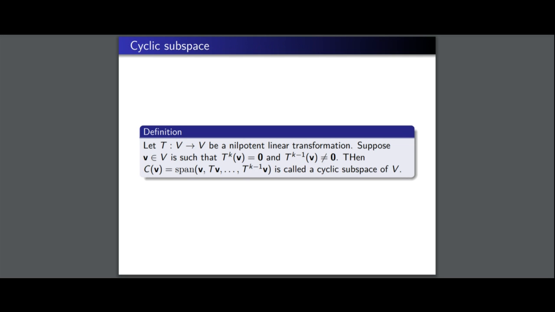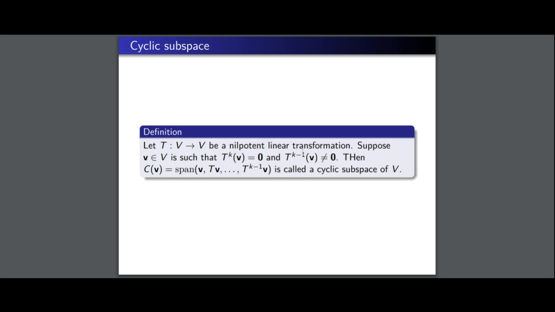Then we have this definition, which seems to come out of nowhere, but here it is. Let's start with a nilpotent linear transformation, or a nilpotent matrix if you want. So T to the k is going to be 0.